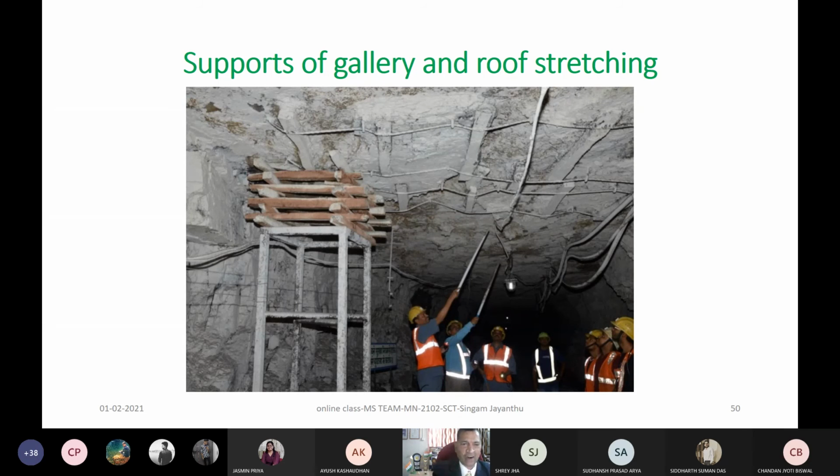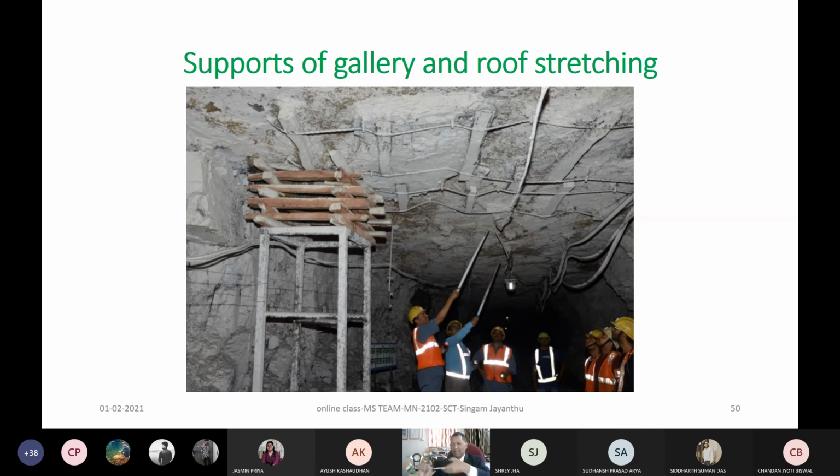This is what is called a tie rod, my beloved students. Then the roof bolts in the roof and on the sides, everything is tensioned bolts. That means I am keeping all this roof, whatever is there.